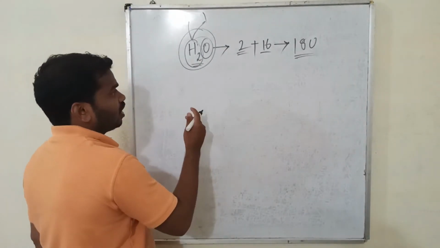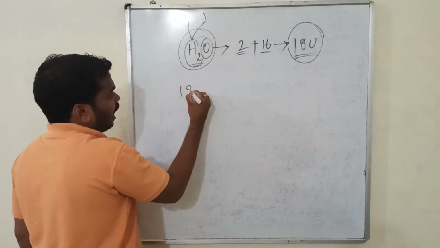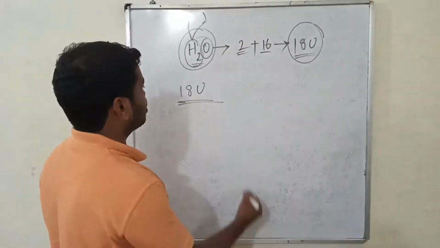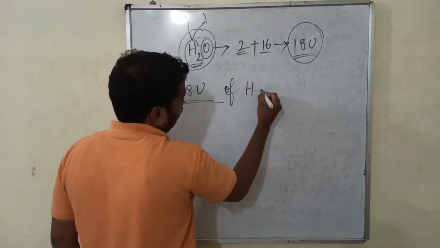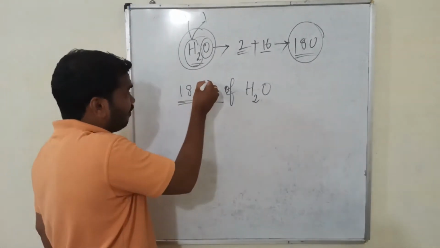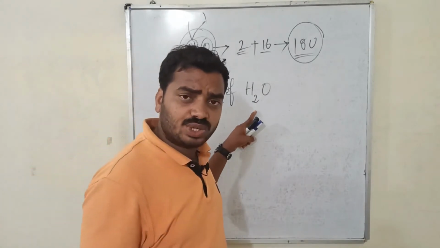Further, I'm writing a statement: 18 unified mass units of H2O is considered.